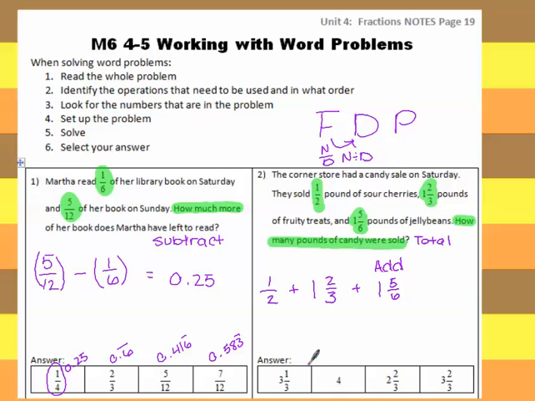Now, anytime I'm adding or multiplying or dividing or subtracting, if I have these mixed numbers, I need to do the magic C and turn them improper. So 1/2 plus 3 times 1 is 3 plus 2 more gives me 5 over 3 plus 6 times 1 is 6 plus 5 more gives me 11 over 6.